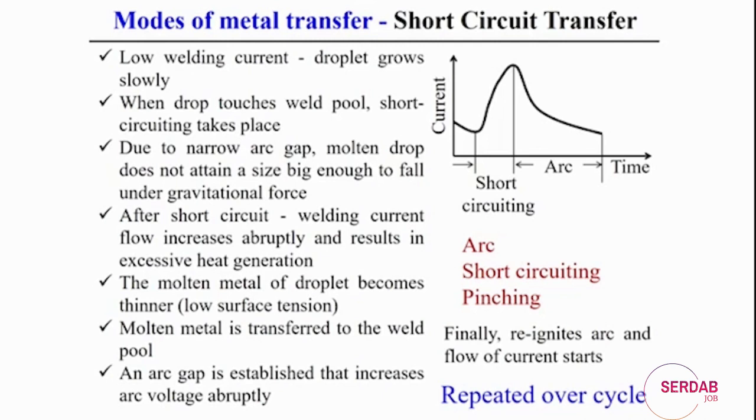circuit actually changes. Now, due to the narrow arc gap, the molten drop does not attain a very big size, and therefore the transfer of the metal droplet may not be due to the gravitational force. Once the short circuit establishes, there is an abrupt change in the current flow.